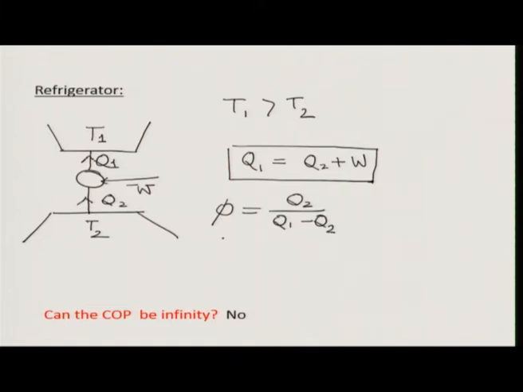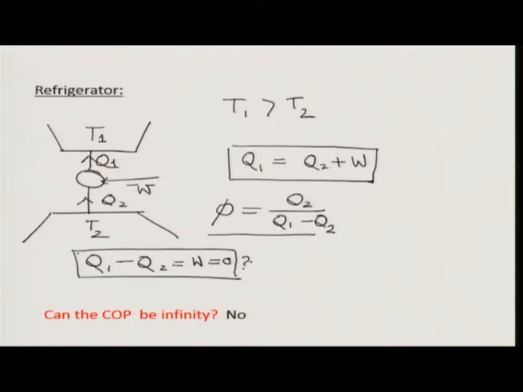Okay? Now, we ask the question, is it possible that I have Q1 minus Q2, which is equal to W, is equal to 0? Is it possible?